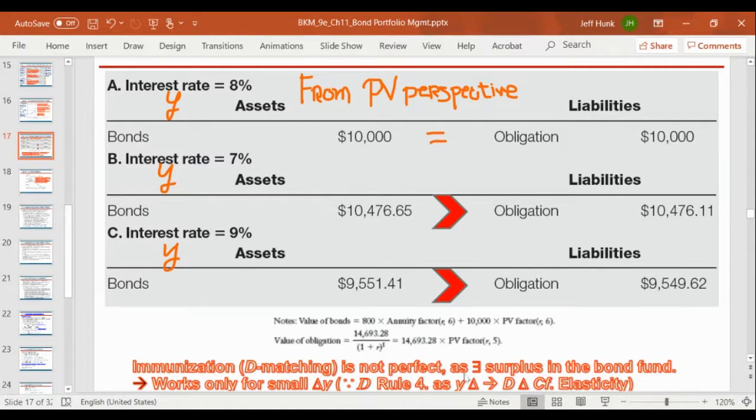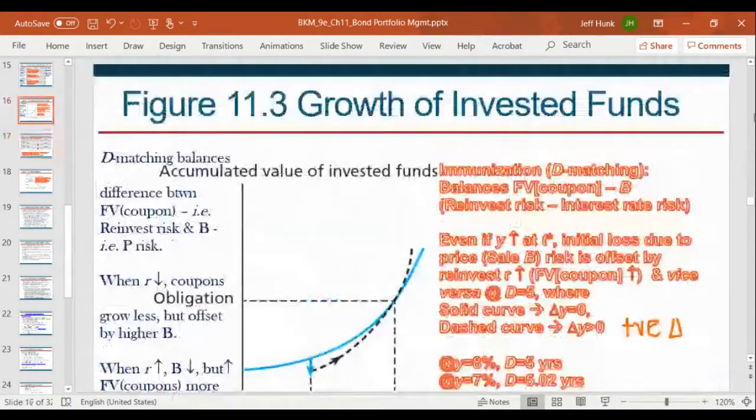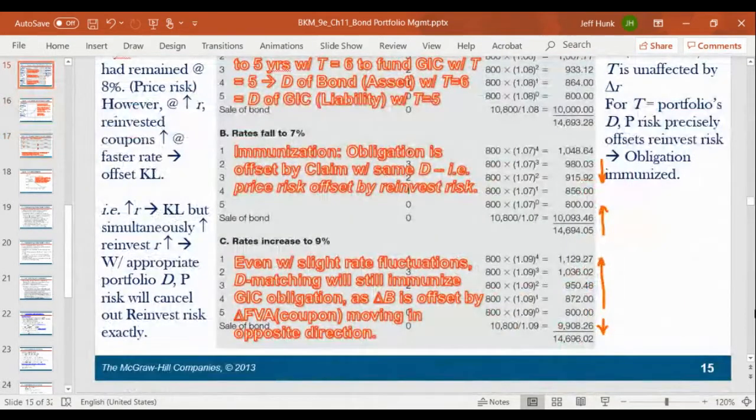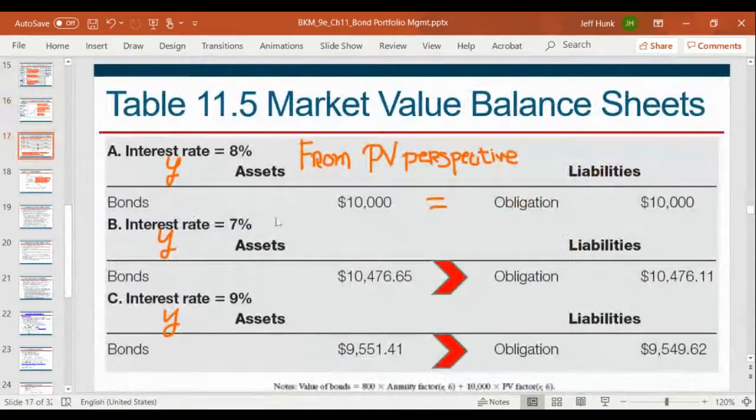They exactly balance out. Interest rate goes down to 7%, then you would have greater present value, right? That is present value because it cannot be future value, right?